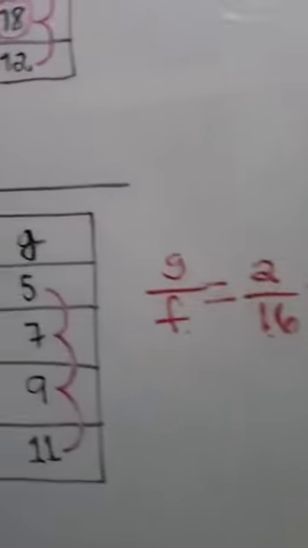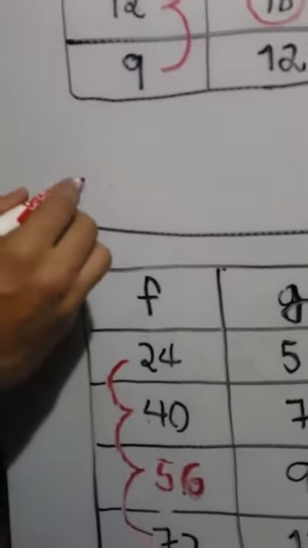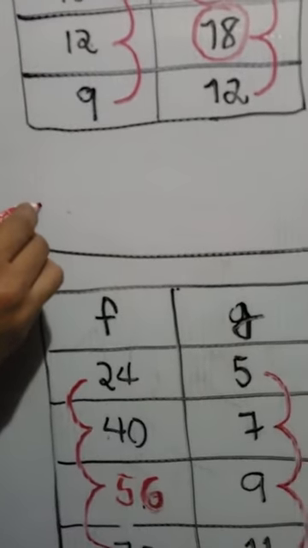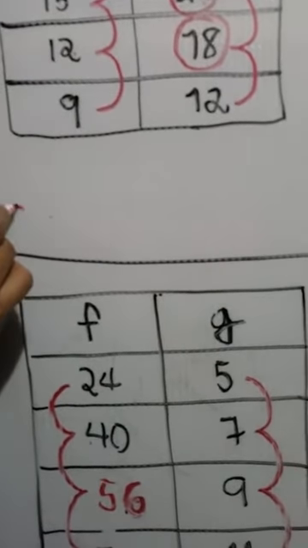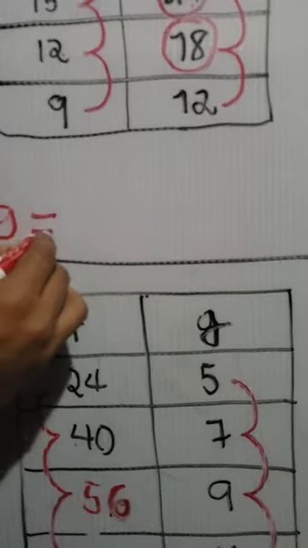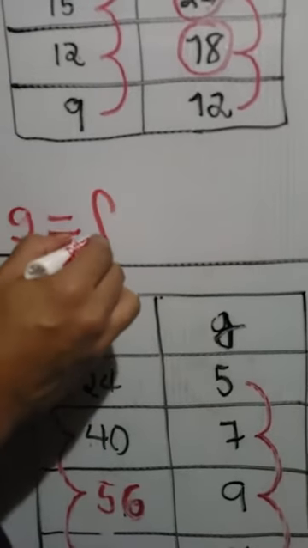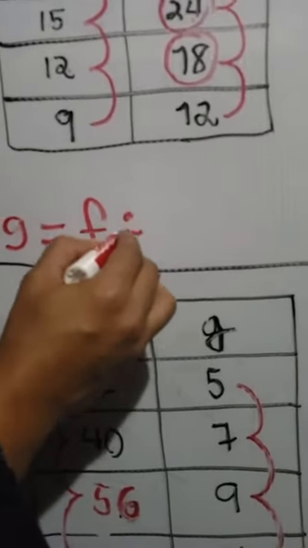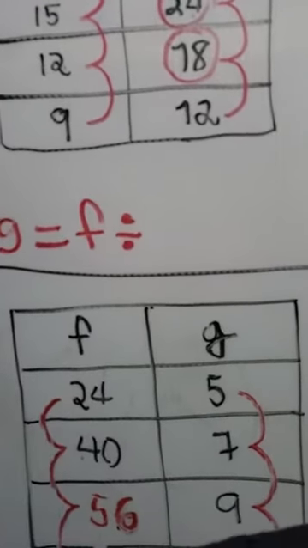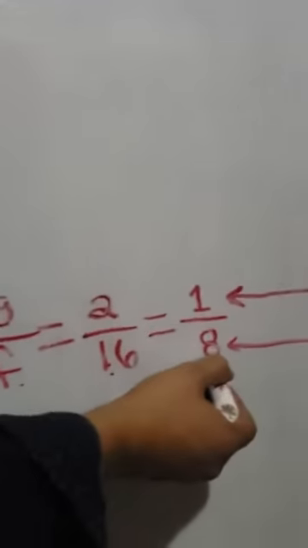Let's do it. We start with the letter G. G is equal to the letter F divided by the number here, which is the number 8.